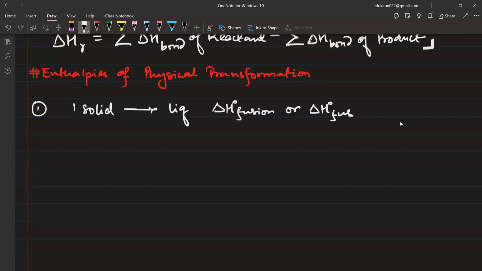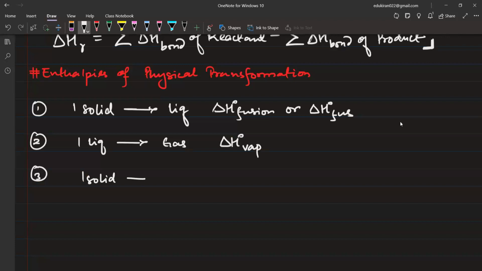Okay, this is enthalpy of fusion. And if I go from, let us suppose, 1 mole of liquid to gas particles, then it is enthalpy of vaporization. Thirdly, if I go from 1 mole of solid to gas, then this is delta H naught of sublimation.